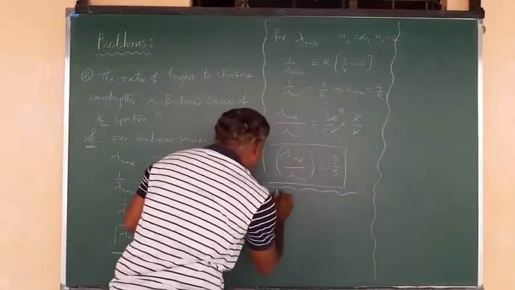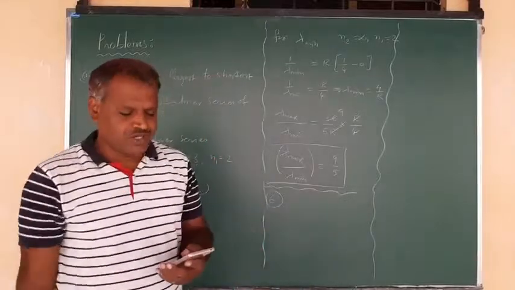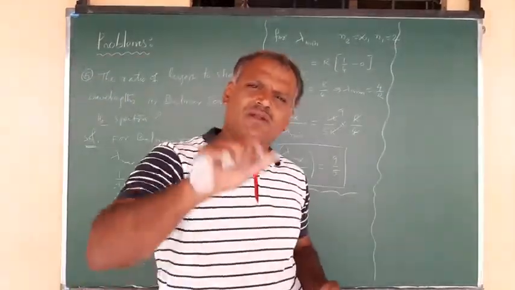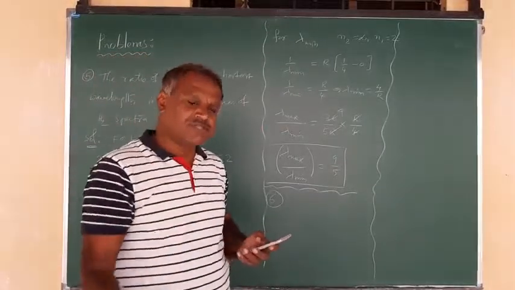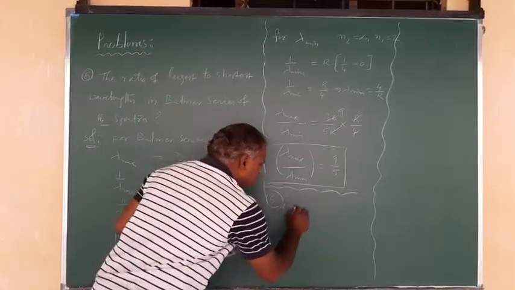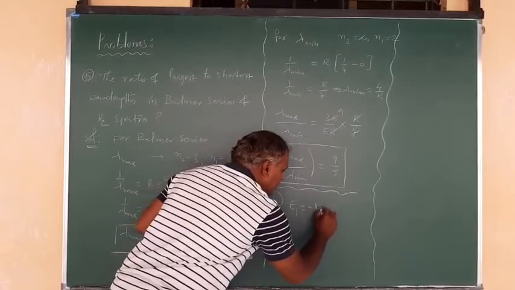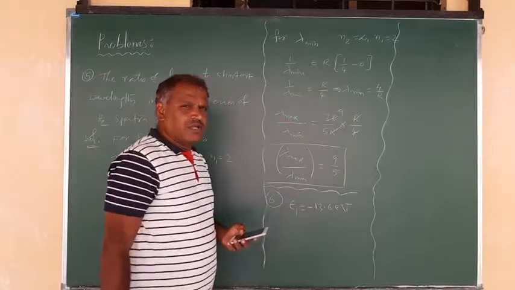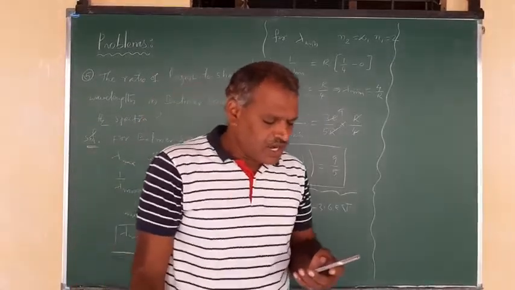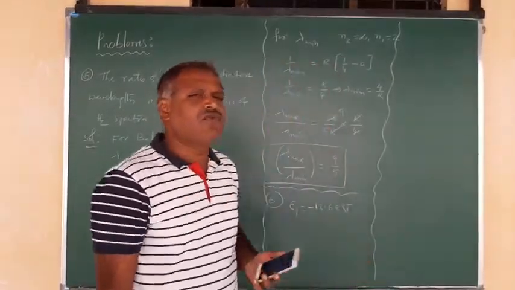In the ground state, E1 is equal to minus 13.6 electron volts for hydrogen atom. We are asked to calculate the kinetic energy of the electron in the fourth orbit.